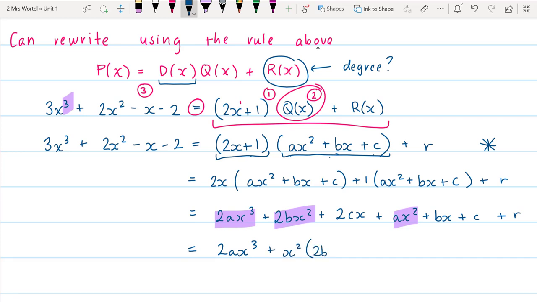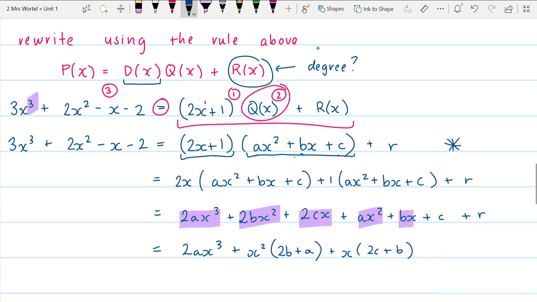I've got 2b plus a. Collecting all my linear terms, 2cx and bx, I'm just going to factor out that x, 2c plus b. You don't have to do that all in one step. You can break it down into 2. And then my constant terms, I've just got my c and my r left over.